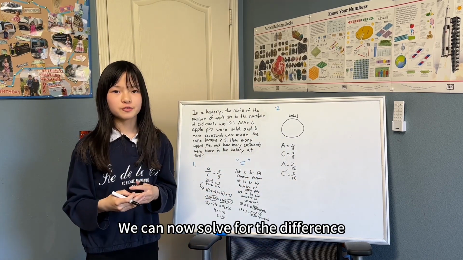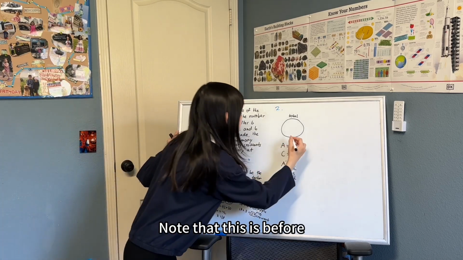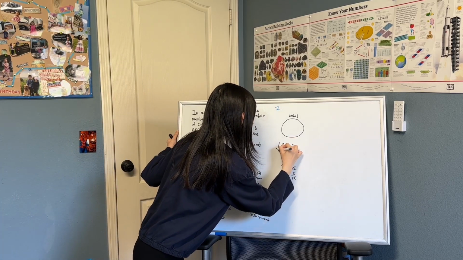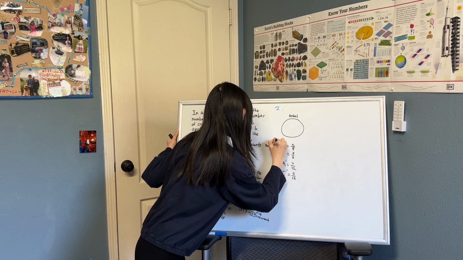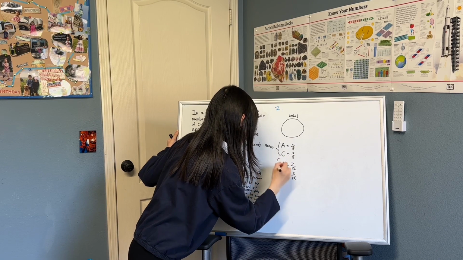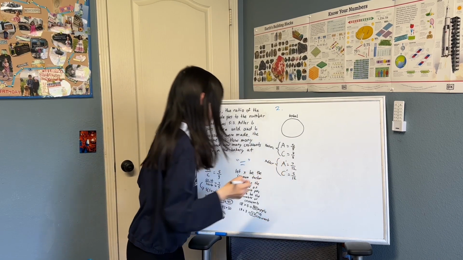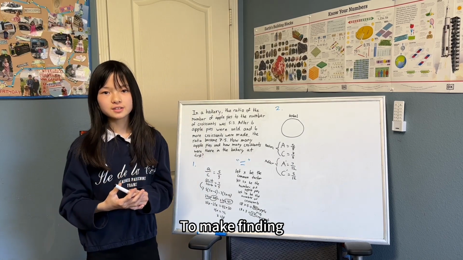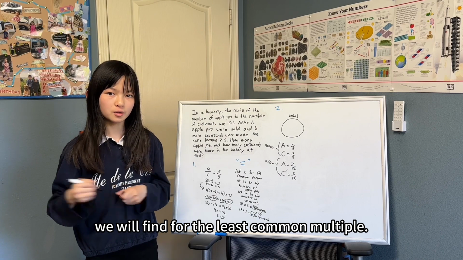We can now solve for the difference between these fractions. Note that this is before. And this is after. To make finding the difference easier, we will find the least common multiple.